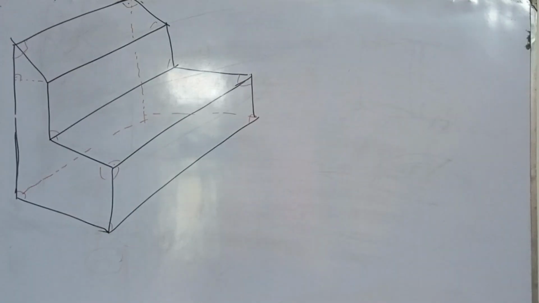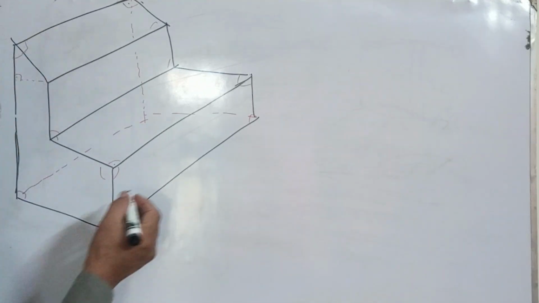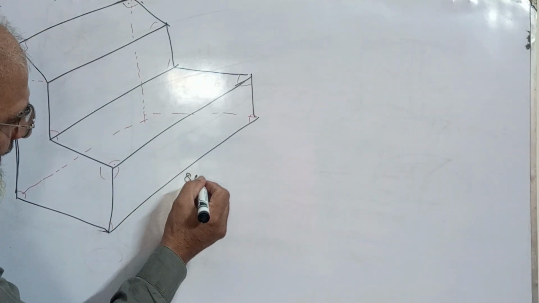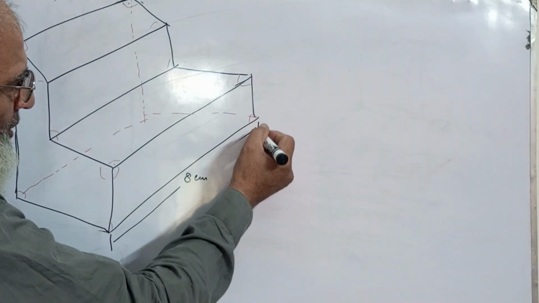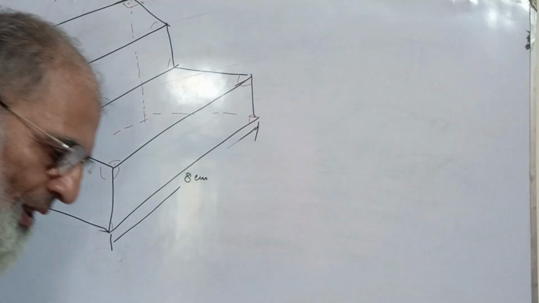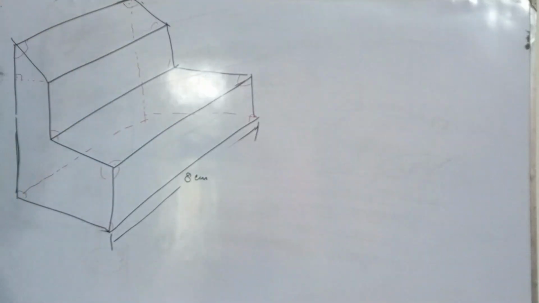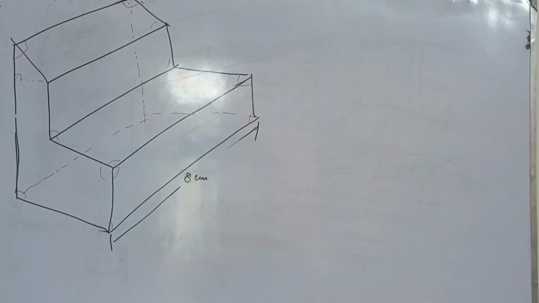So it is complete now. You see this figure, I am going to write the dimensions over here. It is 8 centimeter from here to here. Each step is 3 centimeter riser and 3 centimeter landing.